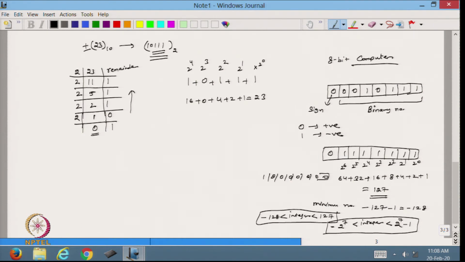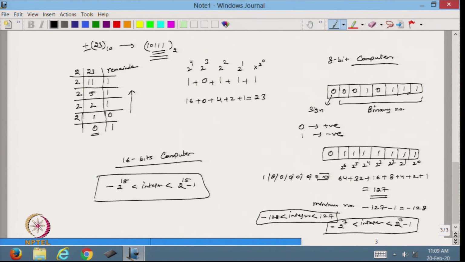Similarly, you can go up to 16 bit. So in the 16-bit computer, the integer range will go up to 2 raised to power 15 minus 1, and minus 2 raised to power 15. So that is the range we can define for the 16-bit computer. These days we are working with 32-bit or 64-bit computers, so accordingly you can check.